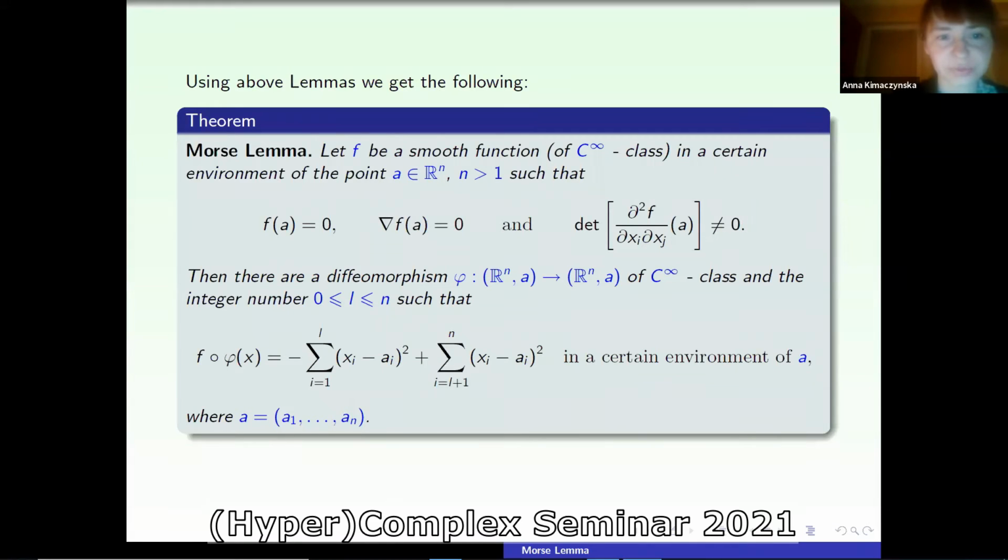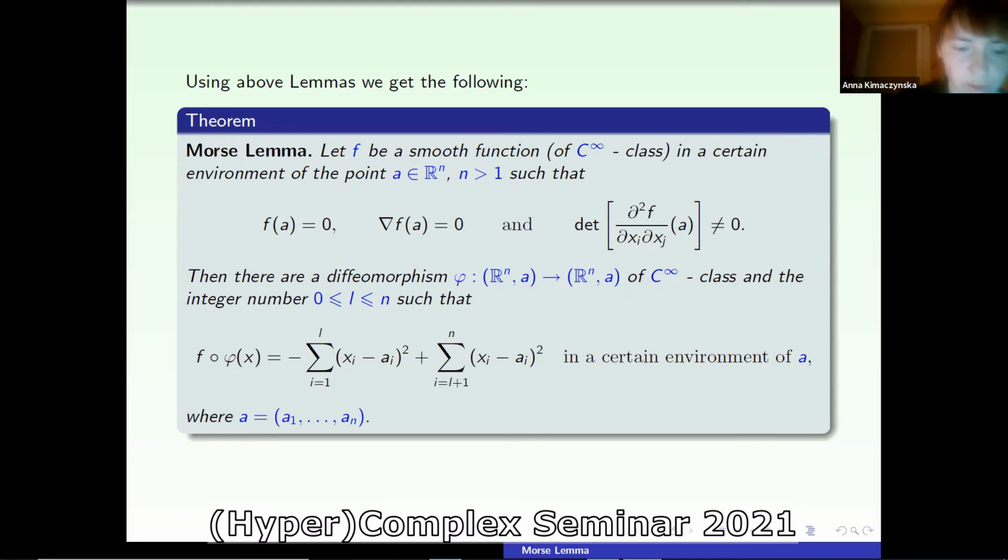Then there are a diffeomorphism phi of C infinity class and an integer number L, such that f composed with phi of x is equal minus the sum from 1 to L of (x_i minus a_i) squared plus the sum from L plus 1 to n of (x_i minus a_i) squared in a certain environment of A.